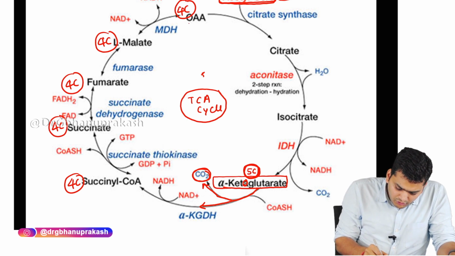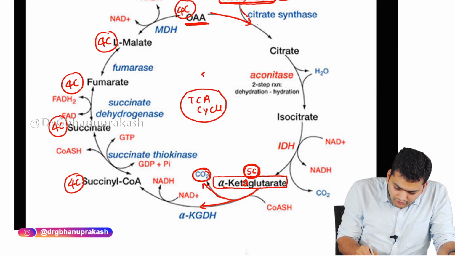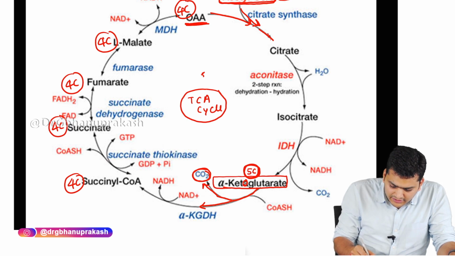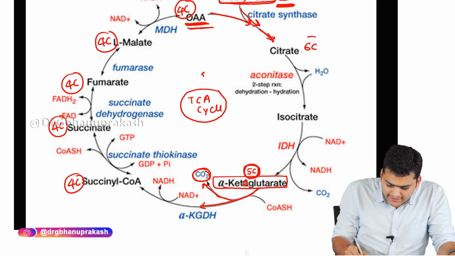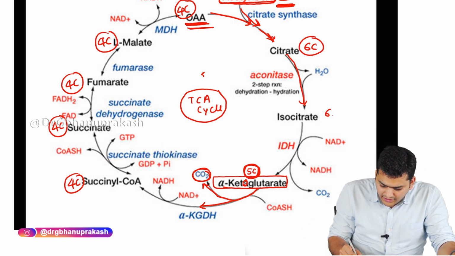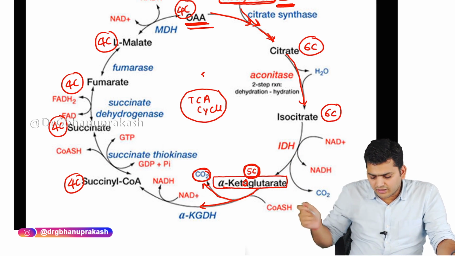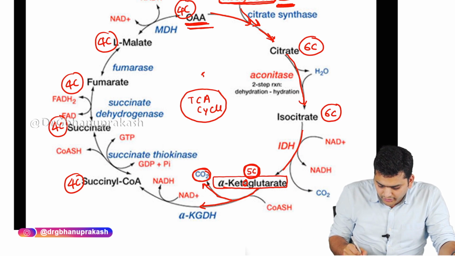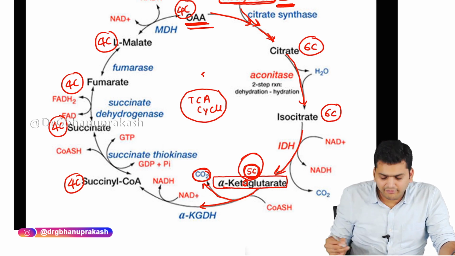Now, this 4 carbon oxaloacetate unites with the 2 carbon acetyl-CoA and makes the citrate. So how many carbons will be there? 4 plus 2 comes out to be 6 carbon. Citrate 6, then the isocitrate 6. Now, when the isocitrate converts into alpha-ketoglutarate, how many carbons? We know it is 5 carbon.